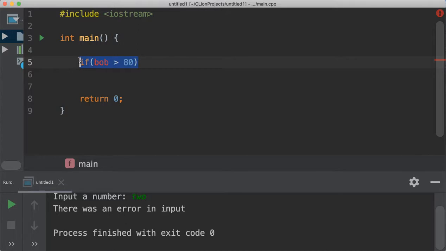Well, in C++, there is a logical concept of the AND Boolean test.